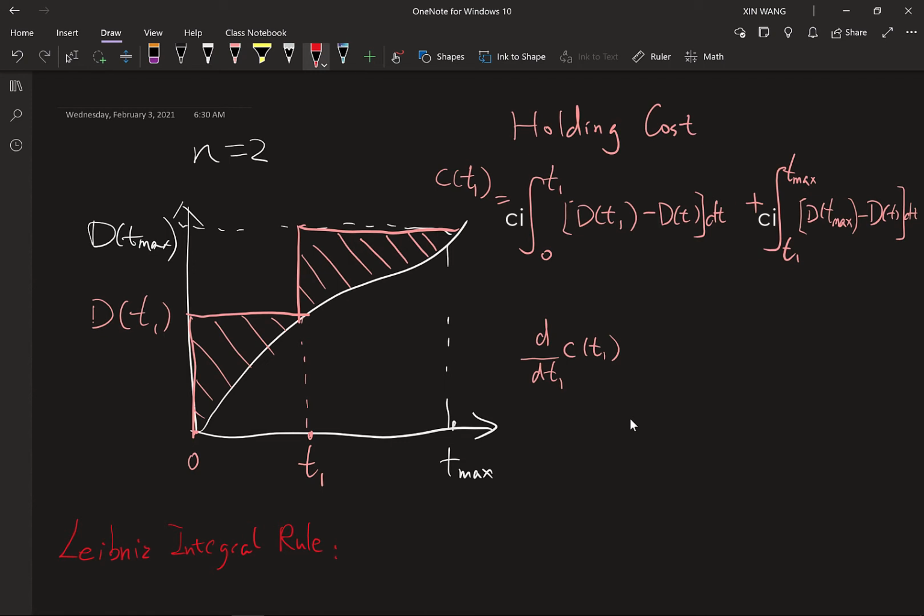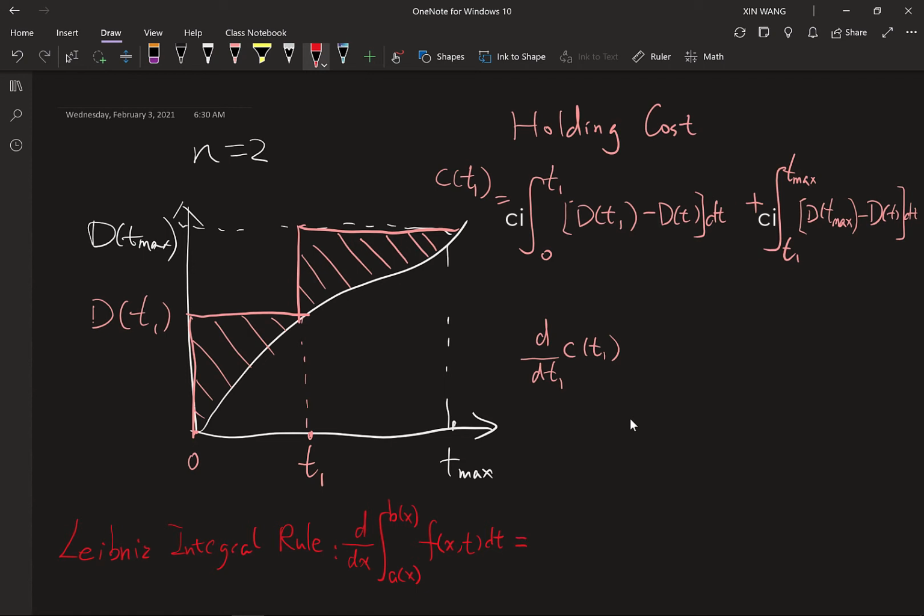The rule is for calculating the derivative of an integral. The integral may have an upper bound and a lower bound, with a function inside of two variables. One is the variable you take the derivative with respect to, and the other is the variable inside the integral. This can be calculated based on three terms.